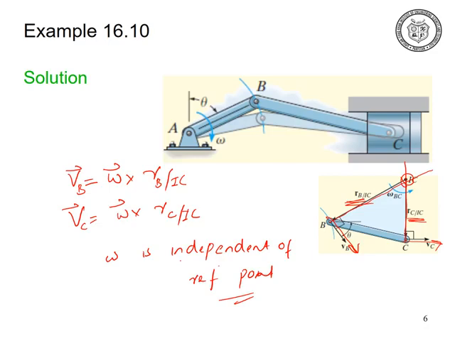You can call this angular velocity omega BC, omega CB, or simply omega, as omega is independent of the reference point. So it does not matter whether you write it with respect to B or with respect to C.